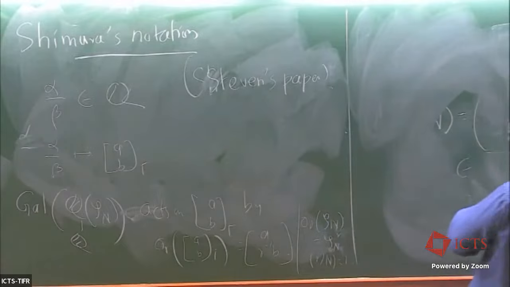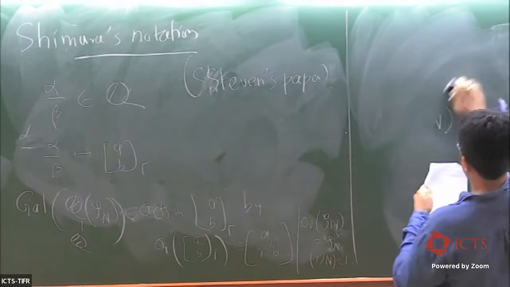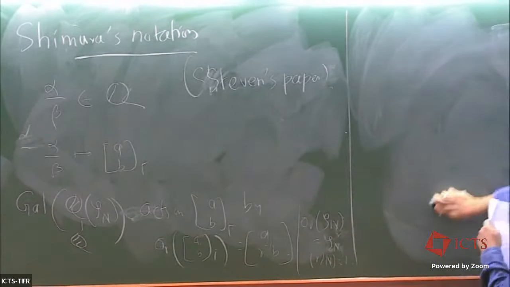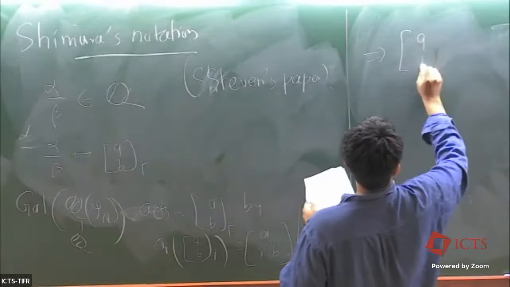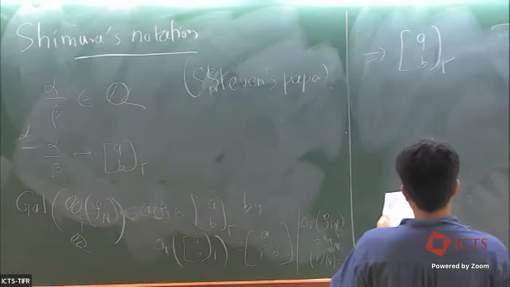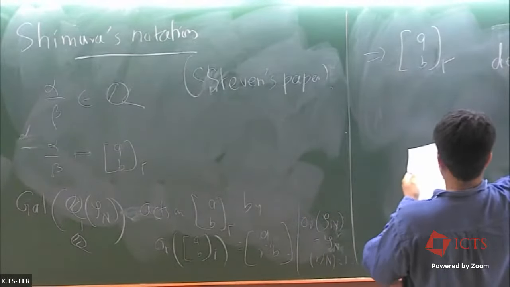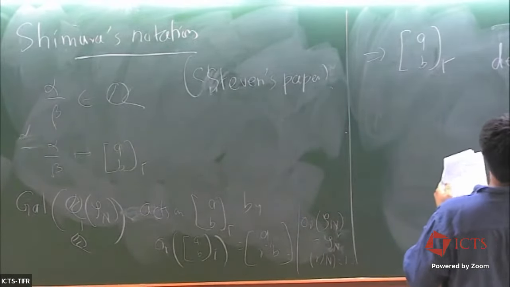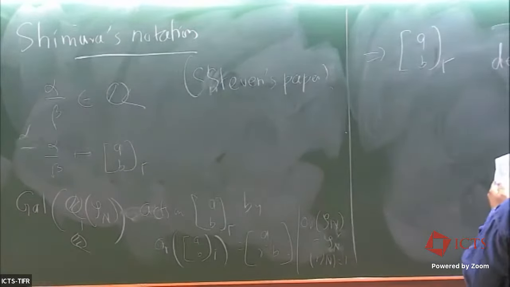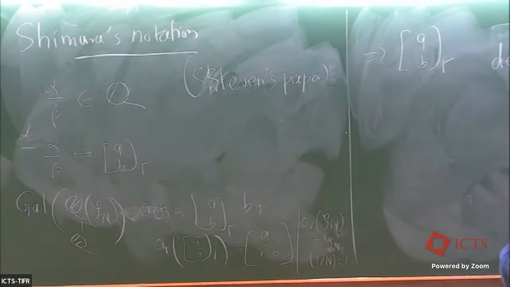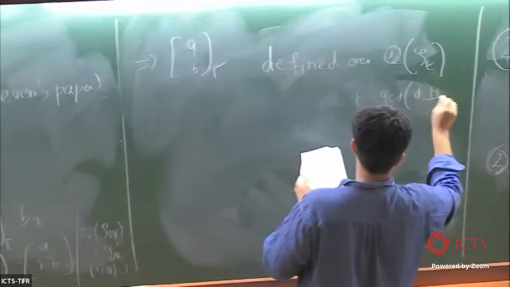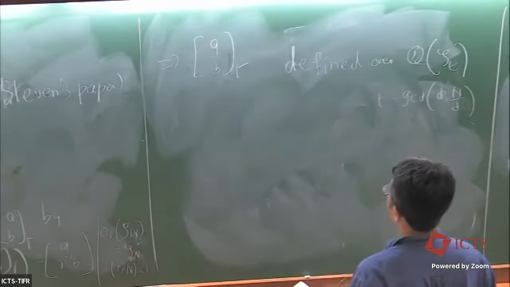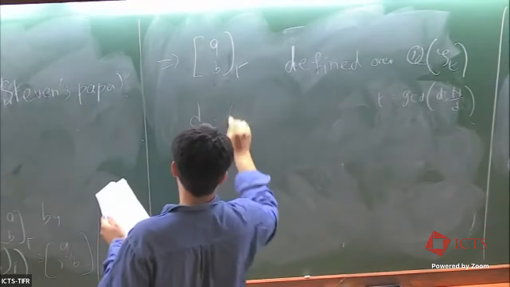In particular, if you take any arbitrary cusp, B gamma, this is defined over Q zeta T, a cyclotomic field, where T is the GCD of B and N, and D is the GCD of B and n.